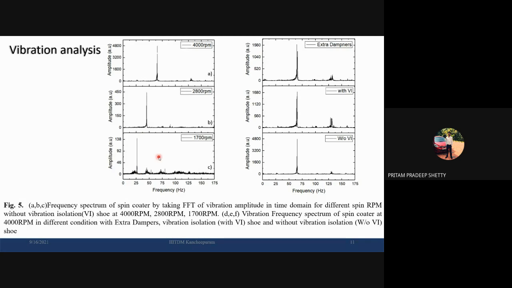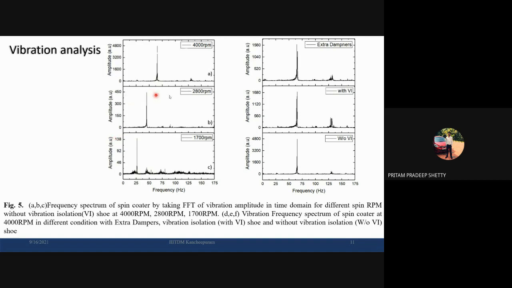We saw that above 4000 RPM, this frequency of vibration is at this point, above 50. Just consider it as 75 hertz. This vibration has very high amplitude, and when we reduce the RPM, that frequency is reducing, as well as the intensity of that vibration.